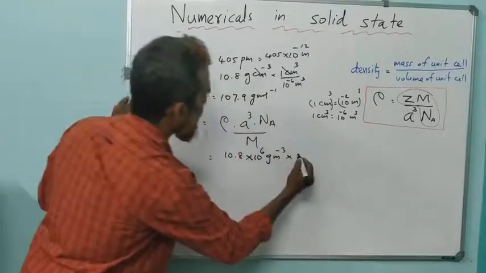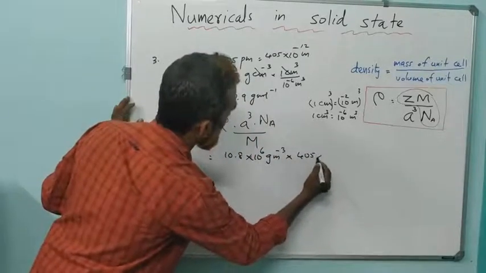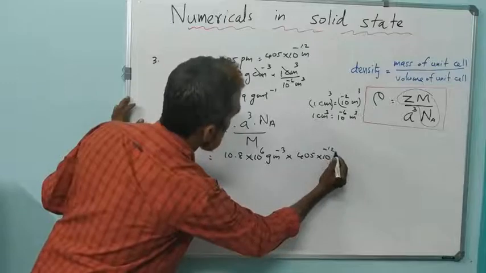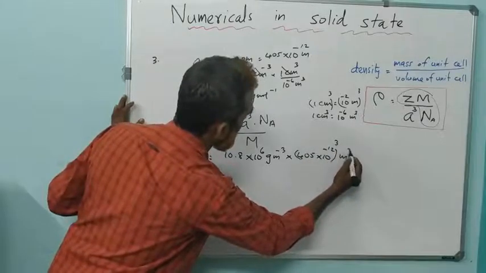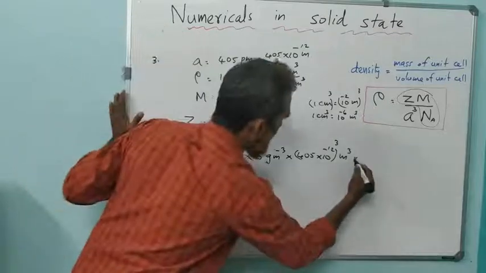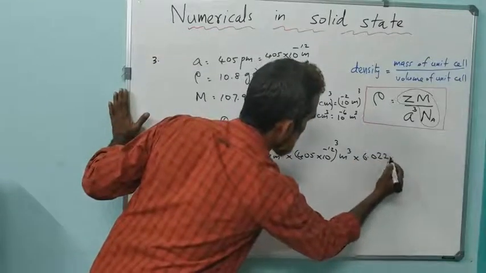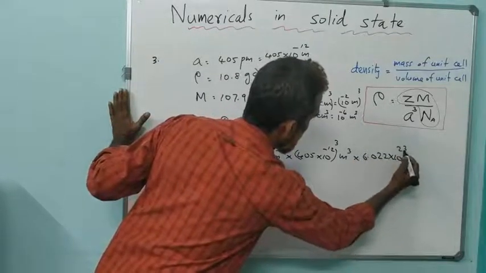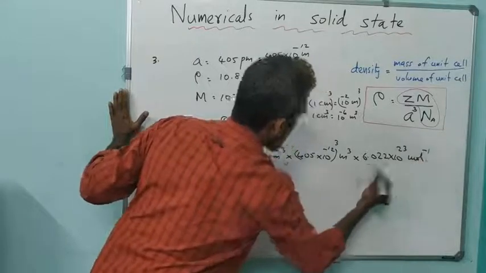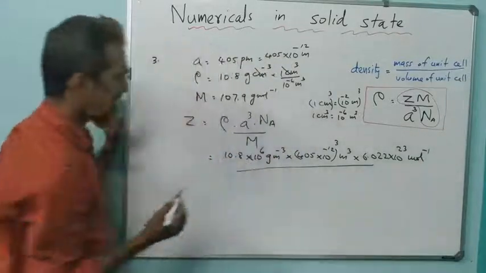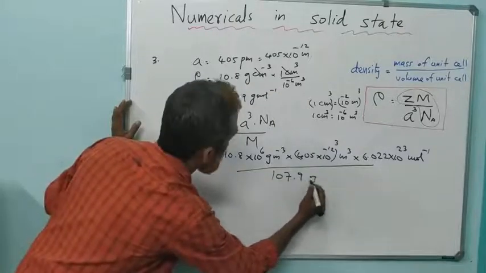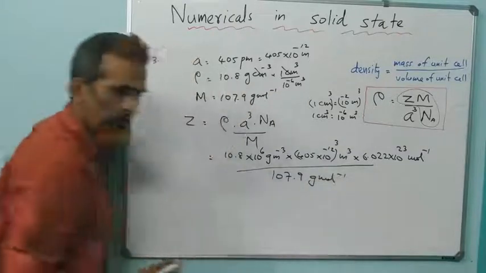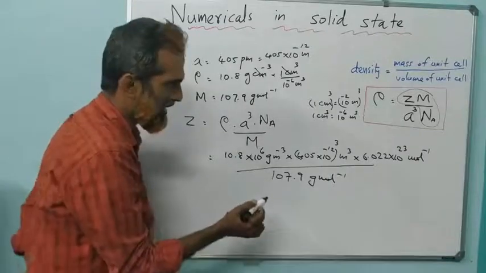What is A? 405 into 10 raised to minus 12 all cube meter cube, into Avogadro number 6.02 into 10 raised to 23 mole inverse, divided by molar mass, 107.9 gram per mole.